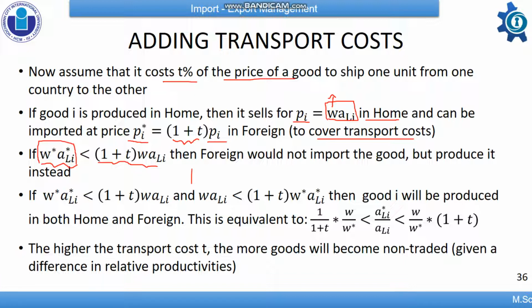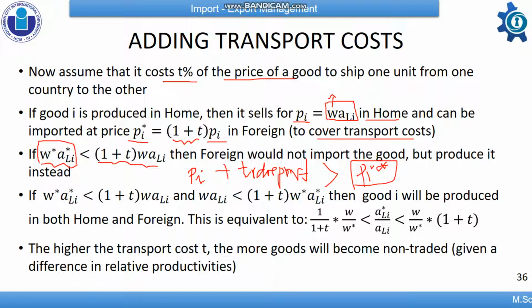Because the original price plus the transport cost is larger than the price at which they produce it in their own country. They will not import anymore. They will prefer producing it by themselves, right?